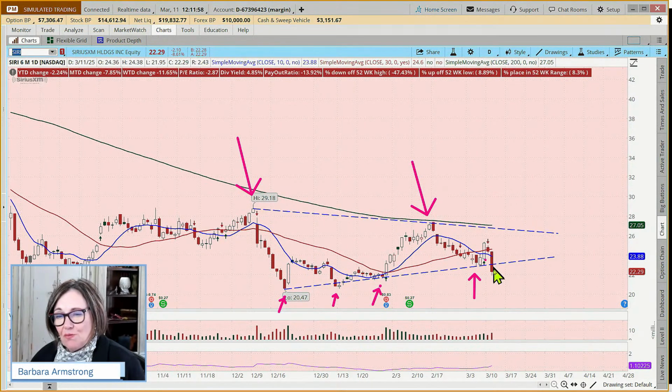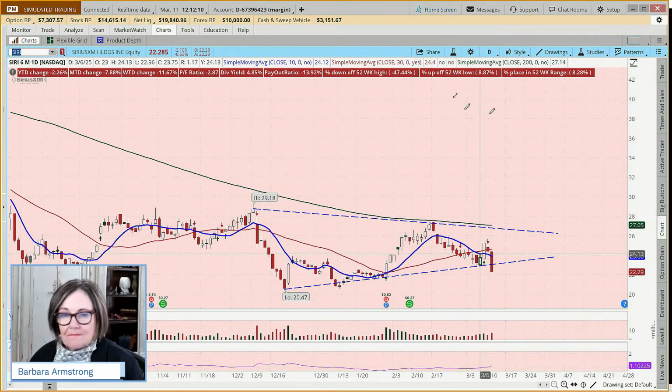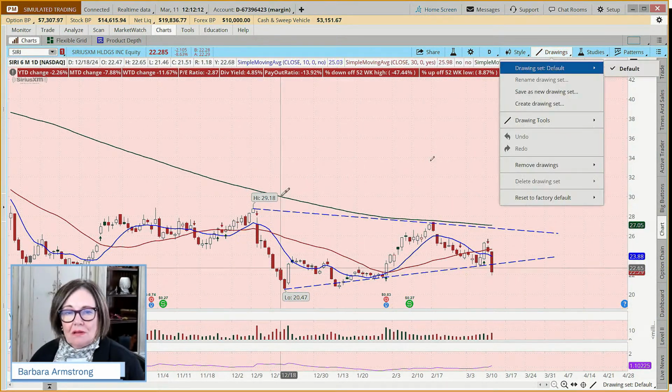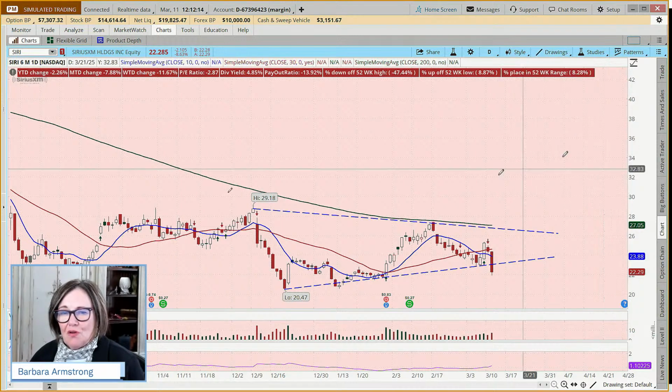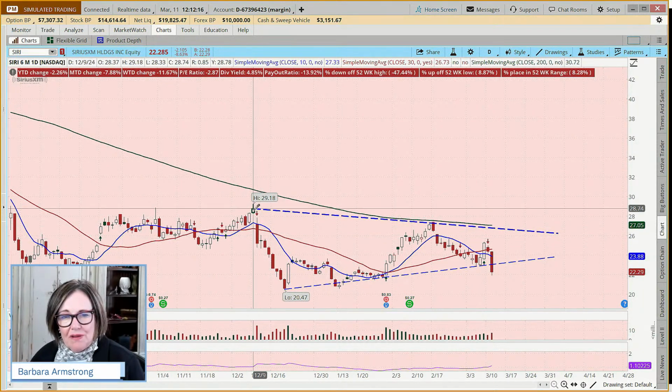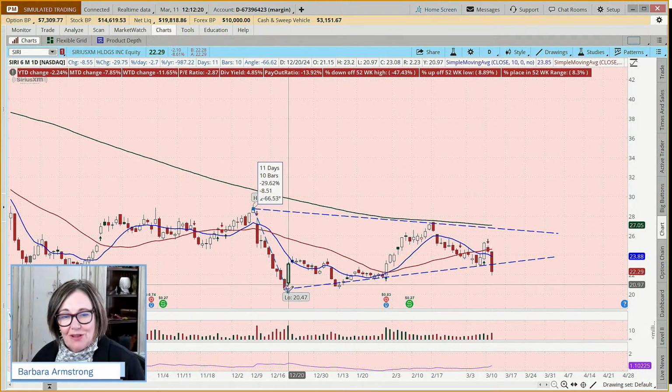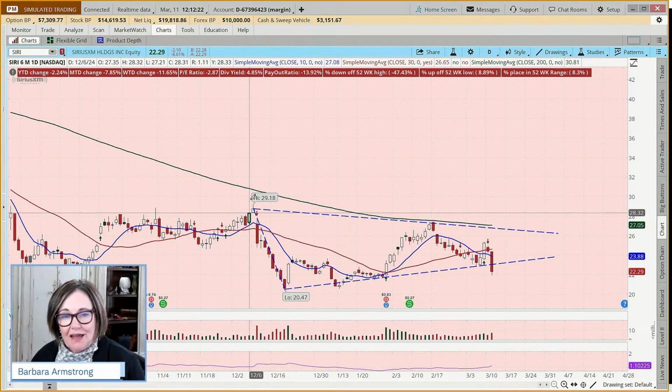And so on this one, could we have a swing target? We could. Or if we wanted to measure a target, could we say, okay, I'm going with this line and saying, okay, we've gone from 29 to 20. And actually, this is the high and the low, so we could just subtract one from the other.